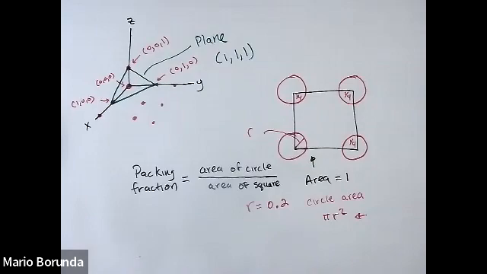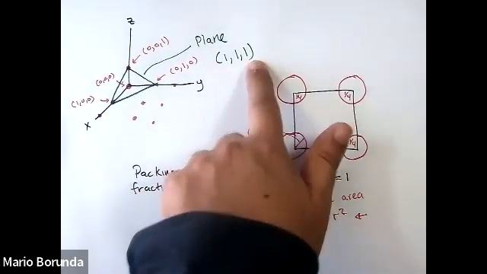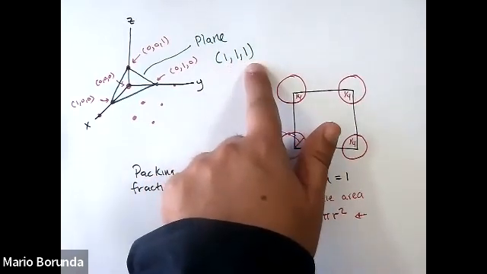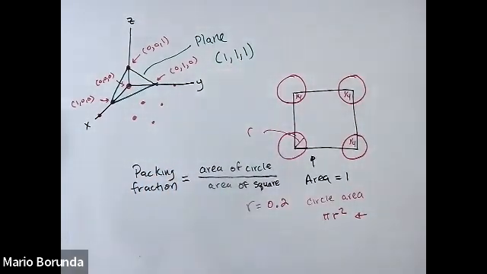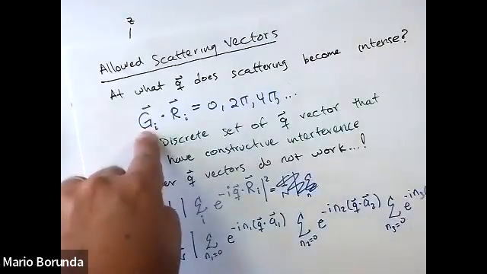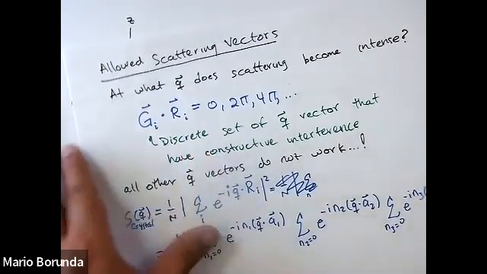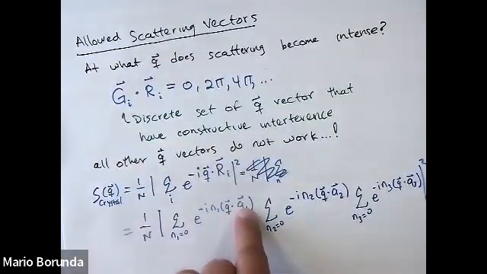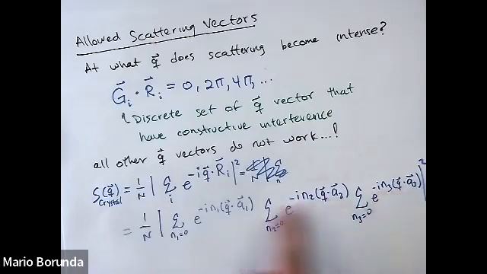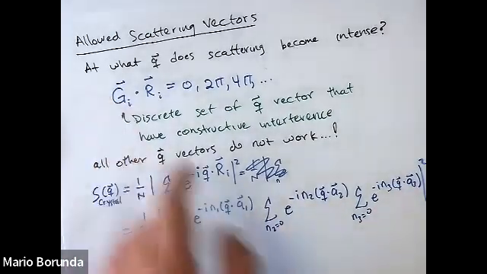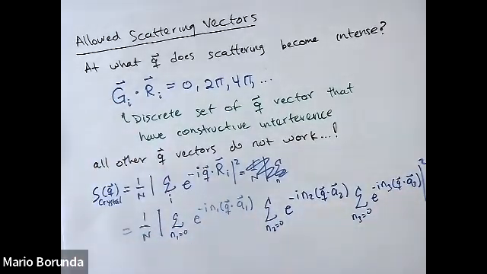But this is something that people can do. They look at these Miller indices, for instance this is the 111, it was H, K, and L, and that H, K, and L are the things that go here with the reciprocal lattice vectors. Just like the R has A1, A2, and A3, the G is going to have B1, B2, and B3.